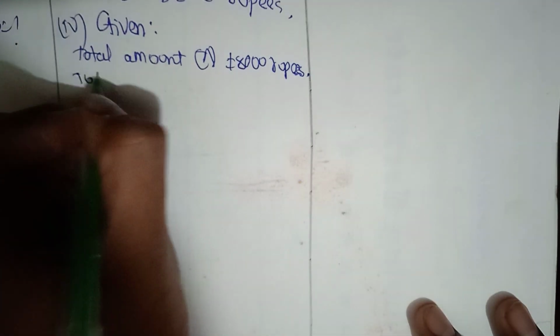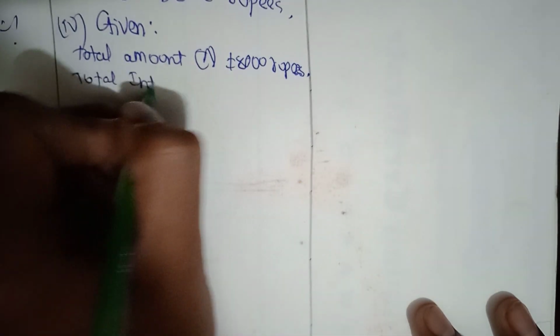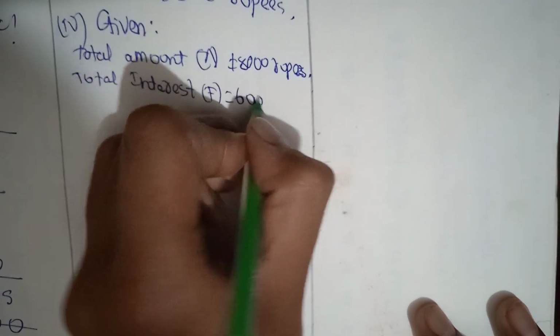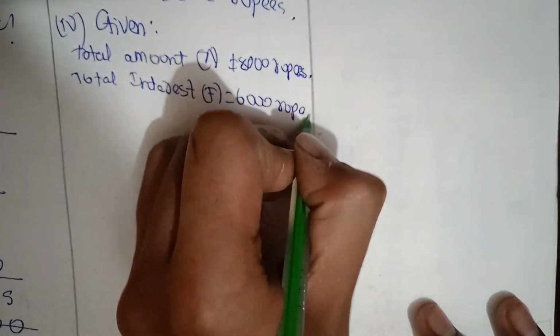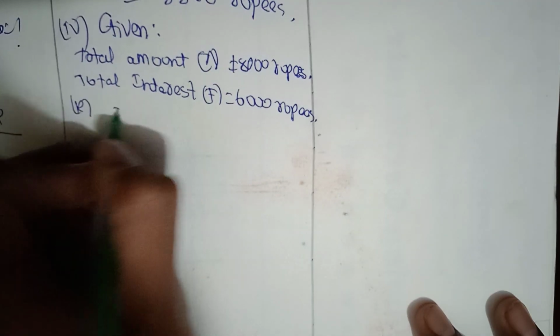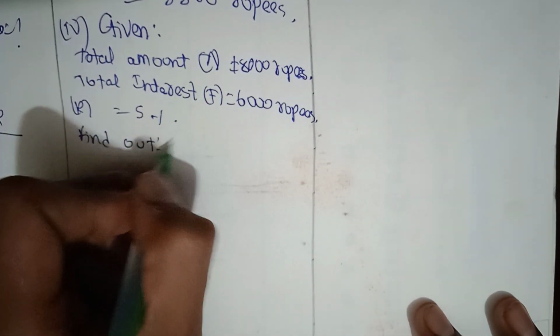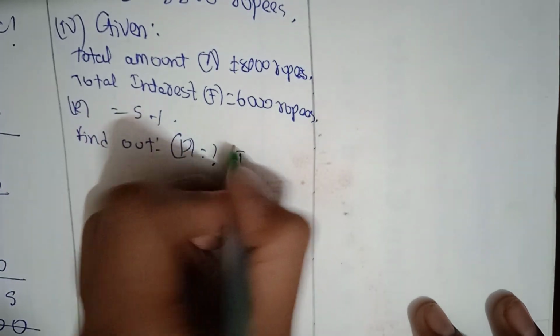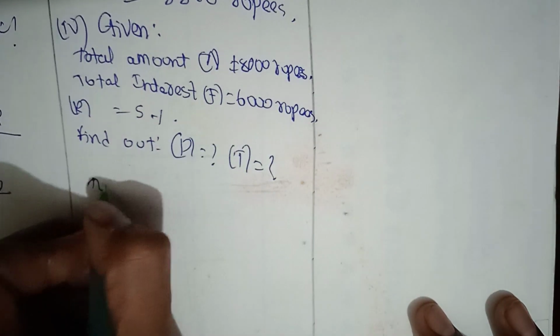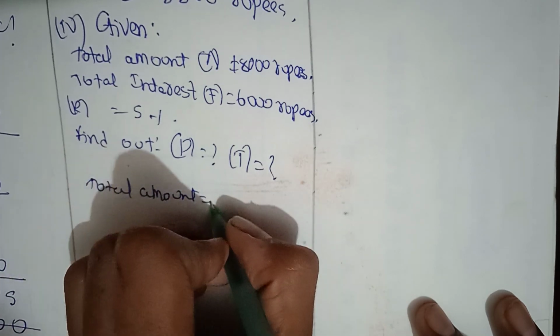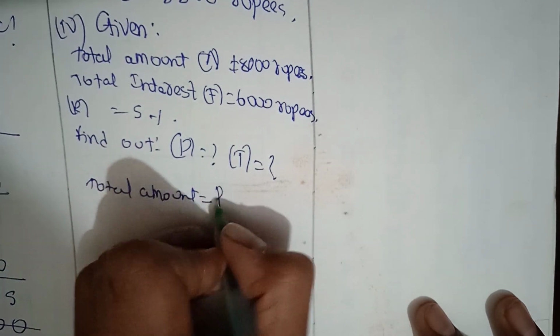Total interest also we have, 6,000 rupees. Then rate of interest we have 5%. We have to find out principal and time.